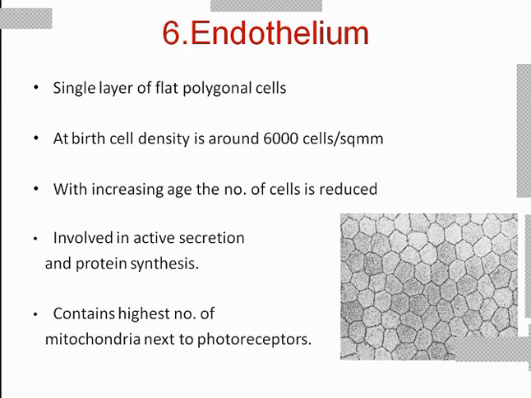Due to age, if some endothelial cells are lost, new cells are not produced. The cells adjacent to the large gap increase in size and occupy the gaps in the endothelium. That's called polymegathism of the endothelium, which is very important.